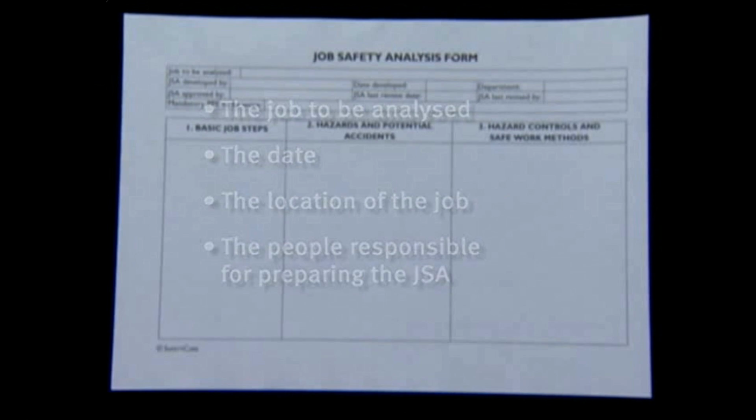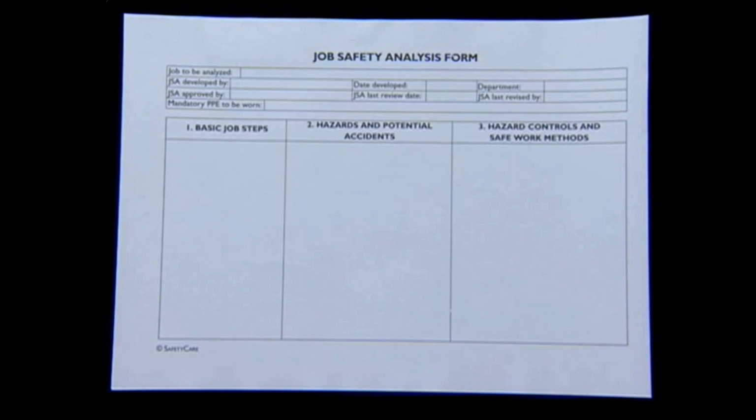The main part of the form is broken into 3 columns, each column representing one step in the process. The first column is used to list down the basic job steps required to perform the task. The second column is used for listing down any and all hazards that are present.